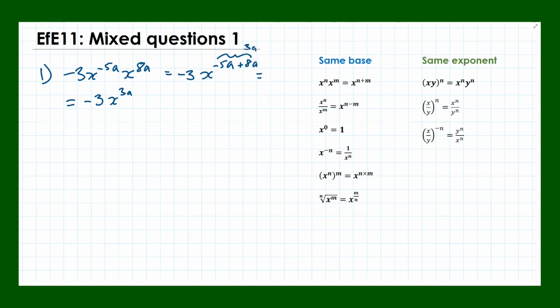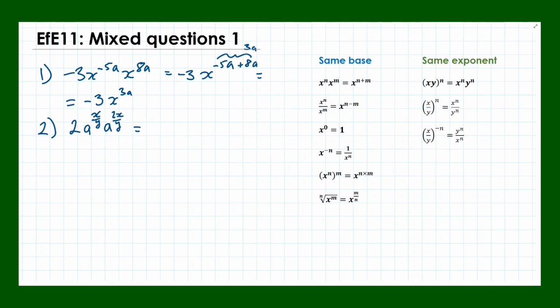Now, if you'd like to challenge yourself, I suggest that you go down the other route that I mentioned. So try to apply the negative rule in the first instance and then see whether you get back to the same answer.